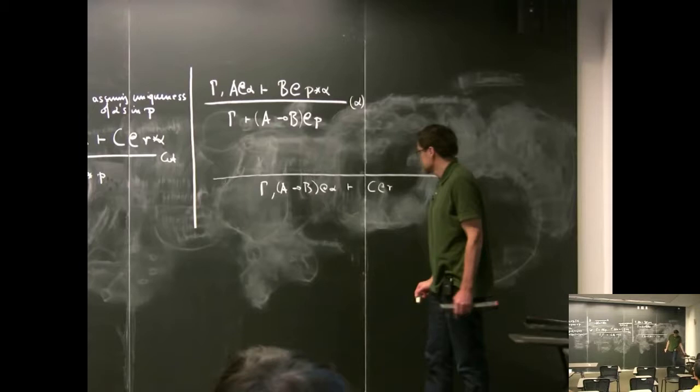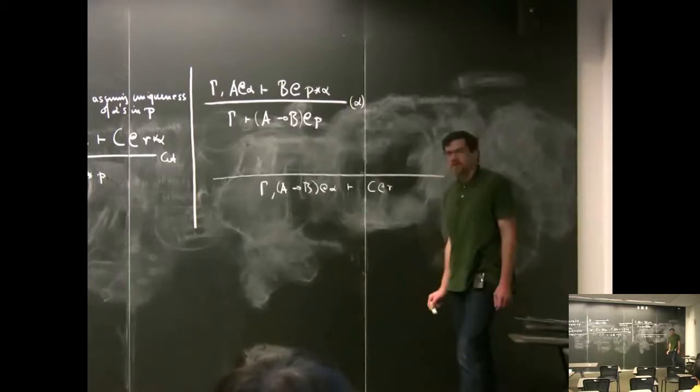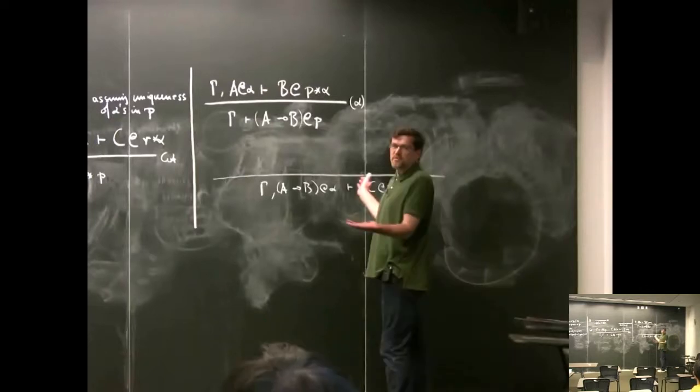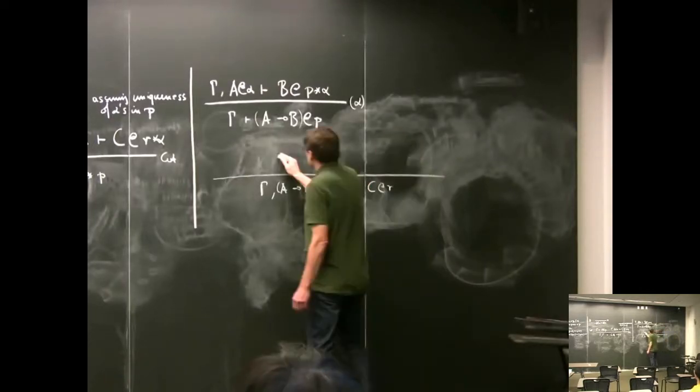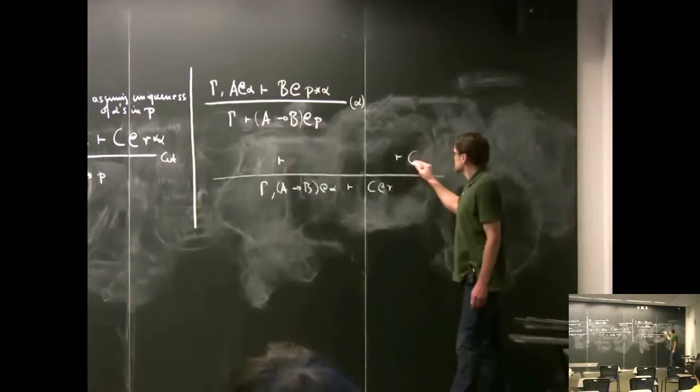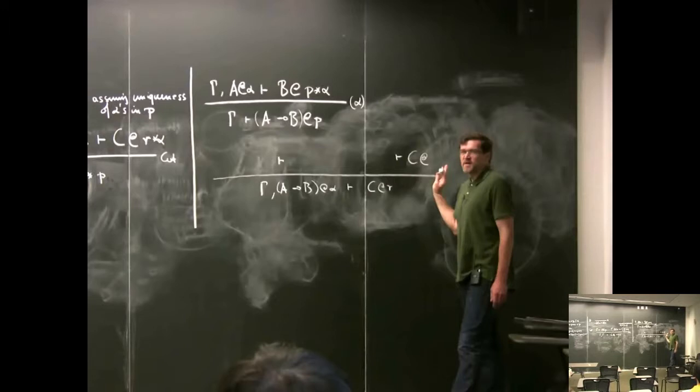There are certain things that we know that we don't have to think much about, so let's write those down. There's going to be two subproofs, so a turnstile here and a turnstile here. What's going to be the conclusion of the second one? C at some resources. Let's keep that open for the moment.